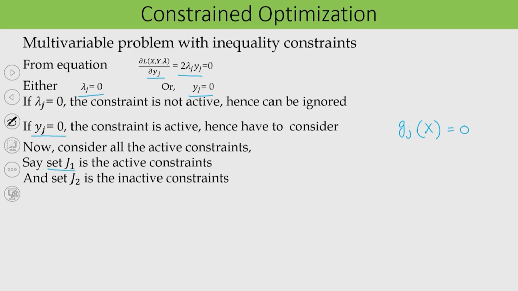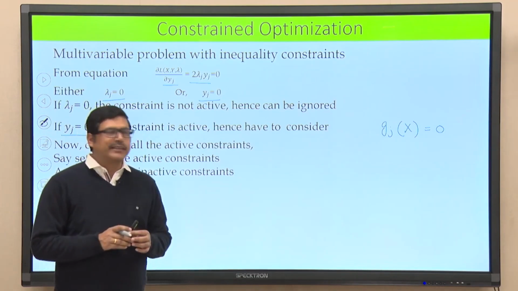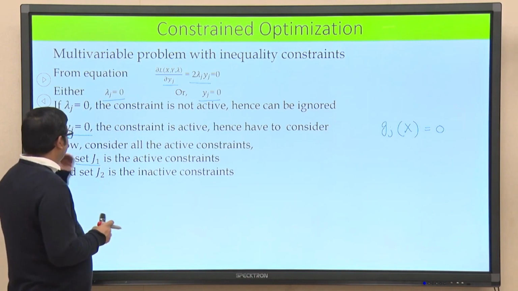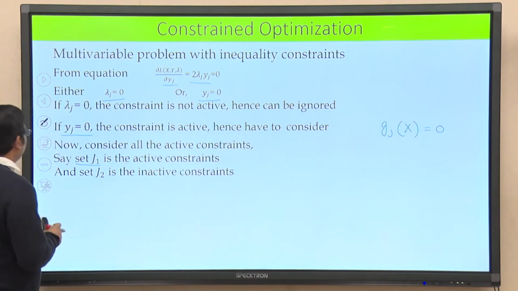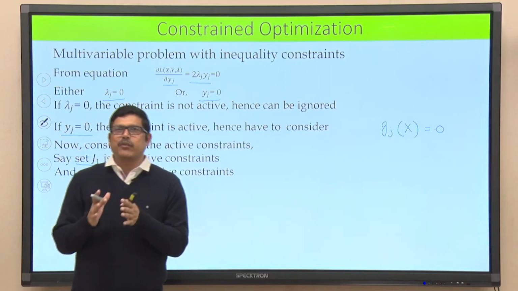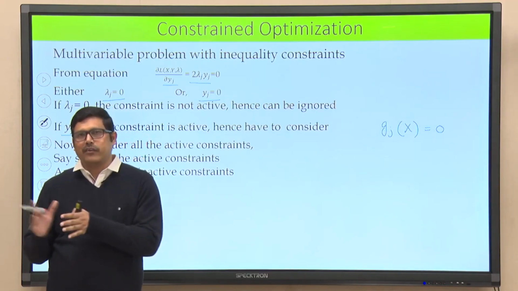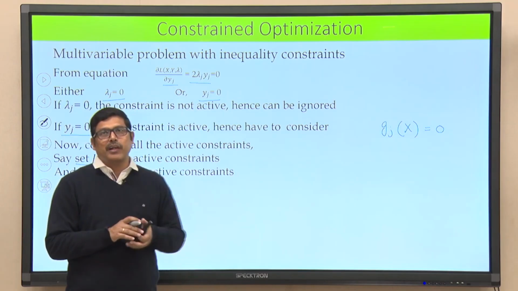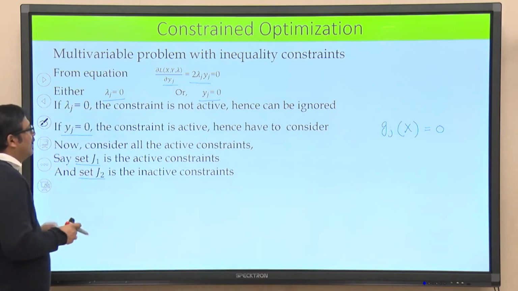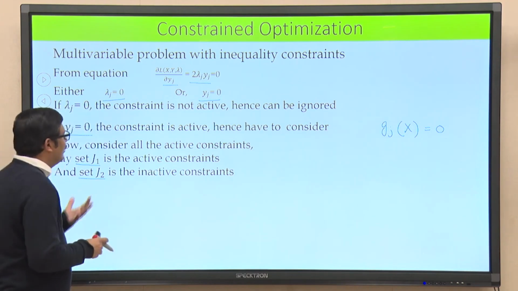We have a total of m constraints, and out of m, J1 is the set of active constraints, and J2 is the set of inactive constraints. If I know which constraints are active and which are not, I put them in those particular sets: J1 is the set of active constraints, and J2 is the set of inactive constraints.